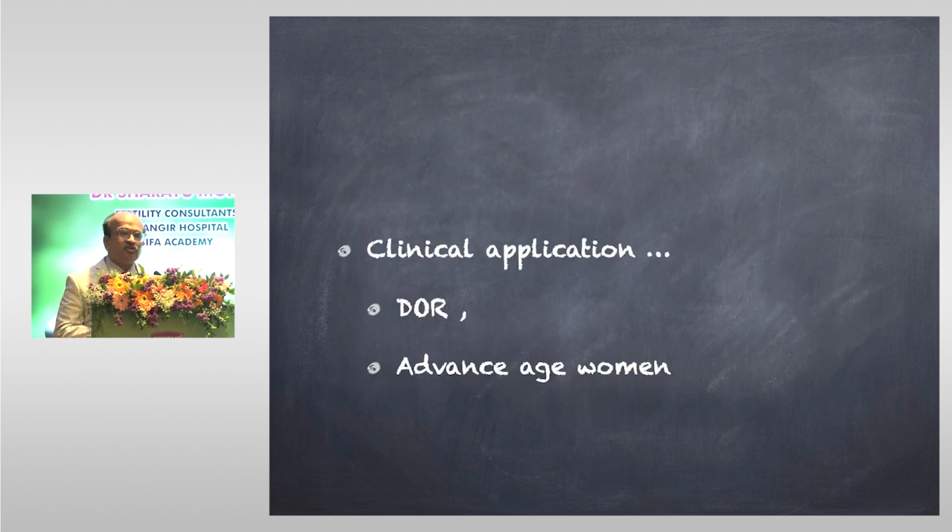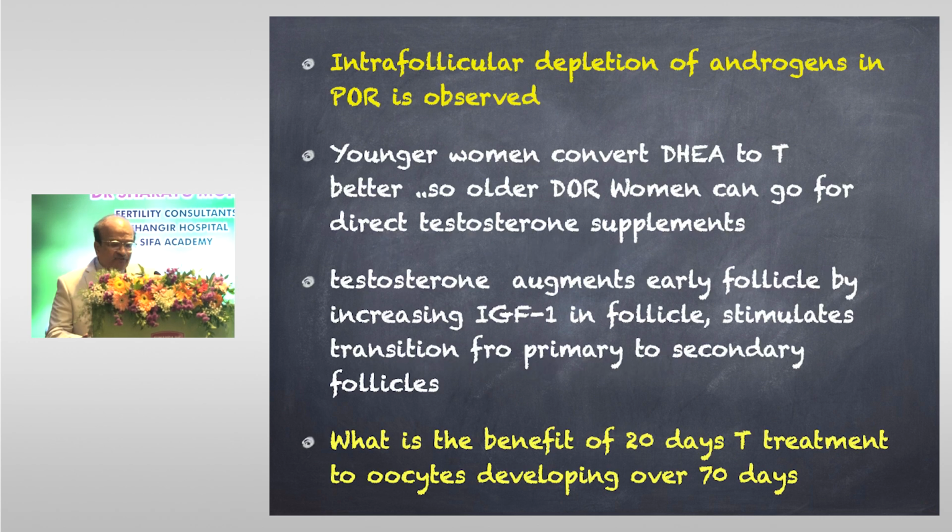So the clinical application of these androgens in our patients with diminished ovarian reserve and advanced age is that we give androgens so that the follicles grow further and more primordial follicles get recruited. What you find is an intrafollicular depletion of androgens in poor ovarian reserve patients. Younger women, and this is very important, convert DHEA to testosterone and androstenedione better.